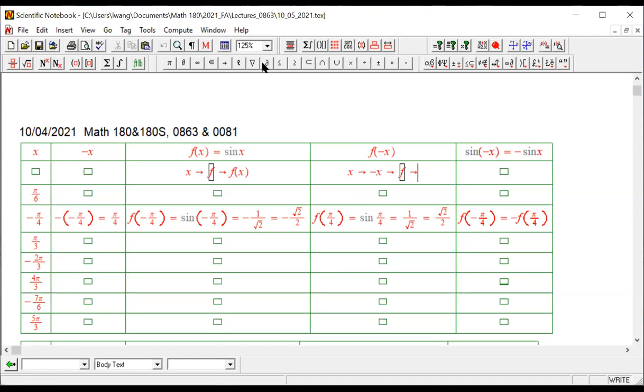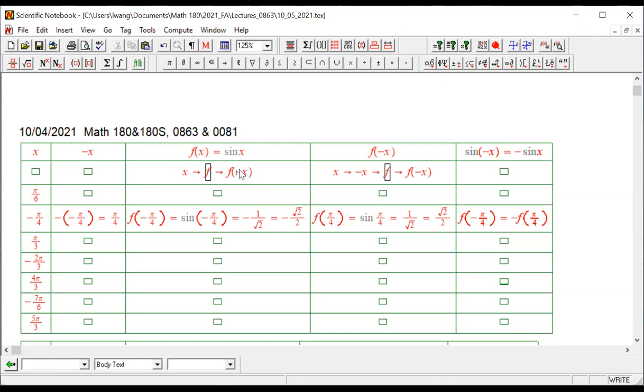So that becomes f of negative x. The rule applies the same way. Whatever the input, it produces an output. If the input is 2x, this is going to be f of 2x. You guys follow me? If the input is negative x, this is going to be f of negative x. Do you guys see that? That doesn't change.